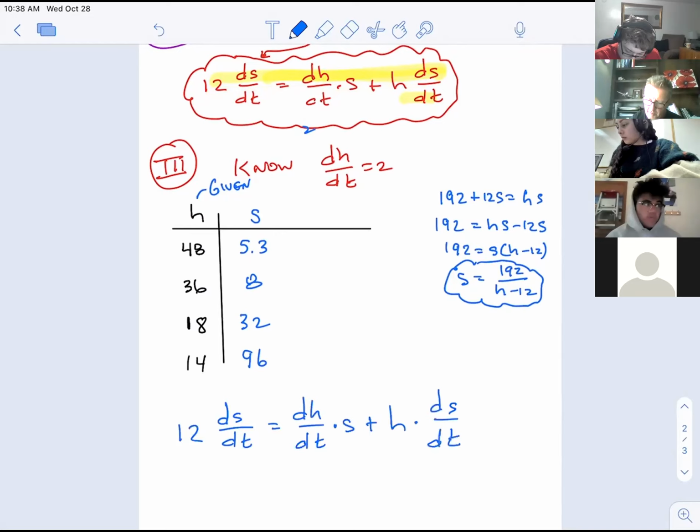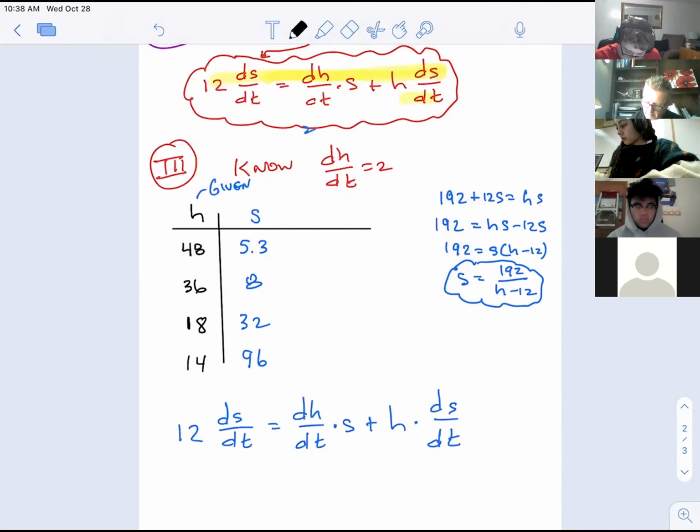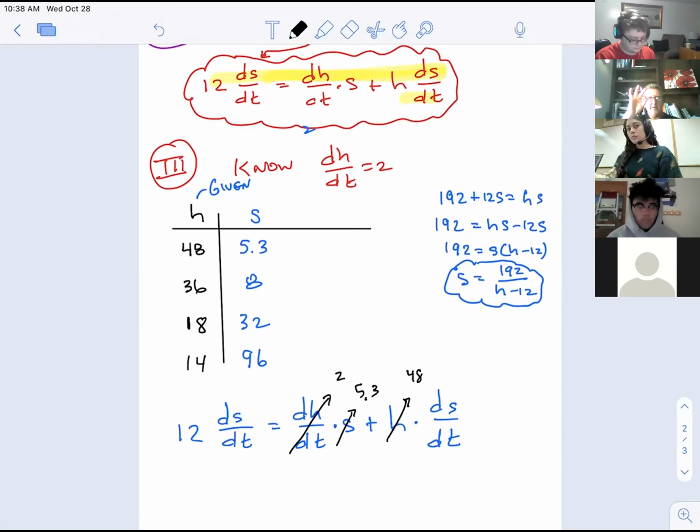Trying to give you time to maybe even get ahead of me here. So let's see, I was told that dh/dt was 2, and I now know in this first example that when h is 48, when the sun is 48 in the sky, that the shadow length is only 5.3. And so since I know 3 unknowns, isn't there only one thing left to solve for, ds/dt?